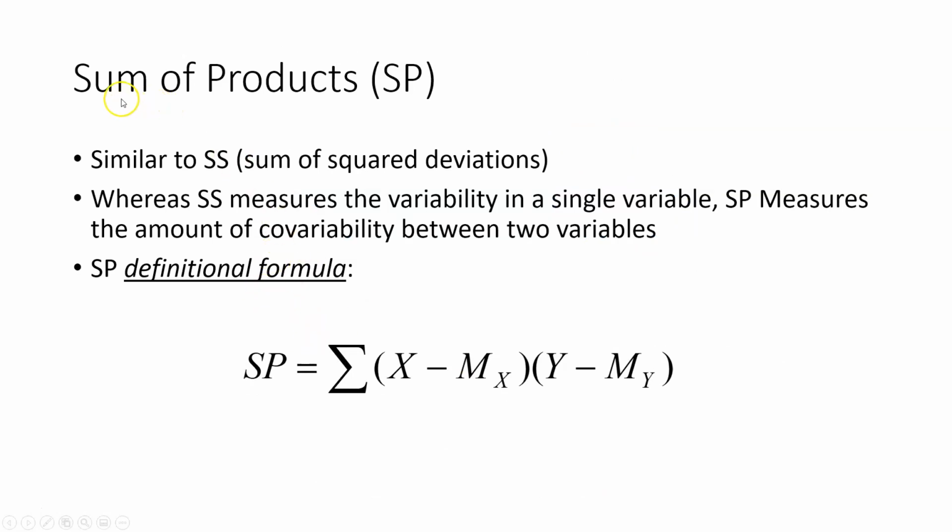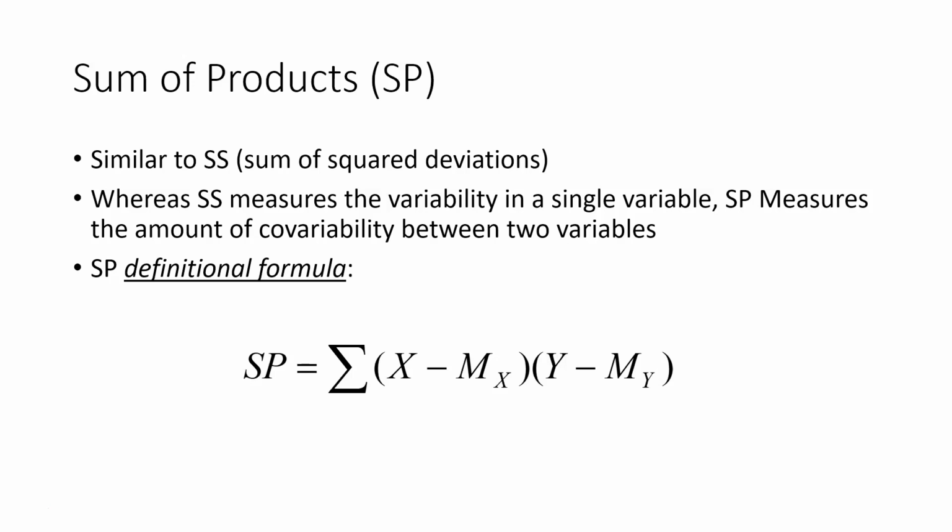In order to compute this, we have to talk about a new statistic that we haven't addressed before. It's called the sum of products. This is similar to the sum of squares, which, as you know from many previous modules, is the sum of the squared deviations. We talked about this first in Module 2 when we took the distance between the score and the mean. And you remember that that distance is called a deviation score, and we square them.